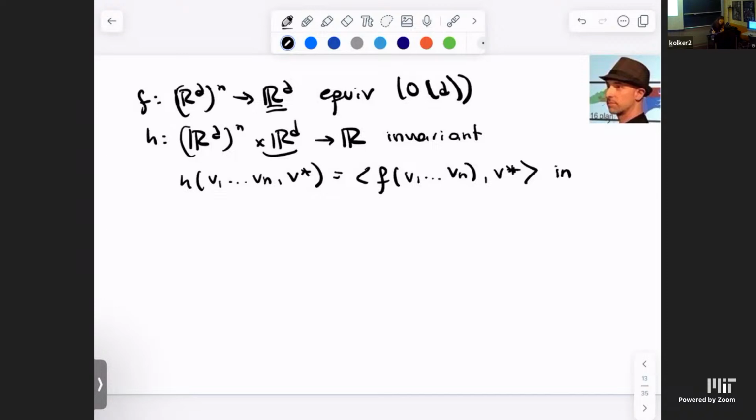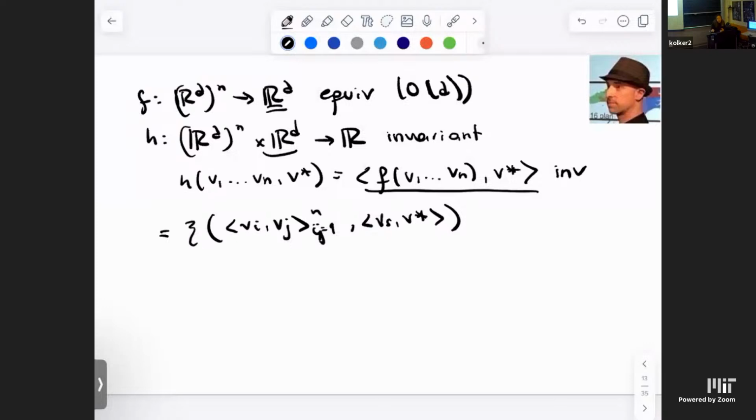So you can write it as a function of the inner products. This is going to be some function of the Bi, Bj's and the Bs, B star. Since this is just a degree 1 polynomial in B star, if I take the derivative with respect to B star, it doesn't depend on B star anymore. So as a function of B star, this needs to be linear.